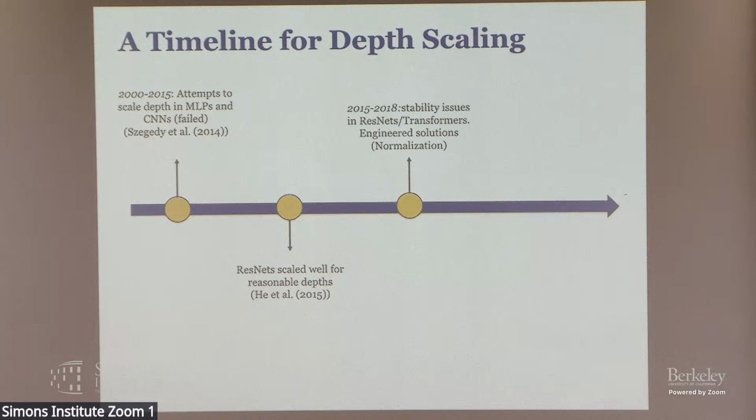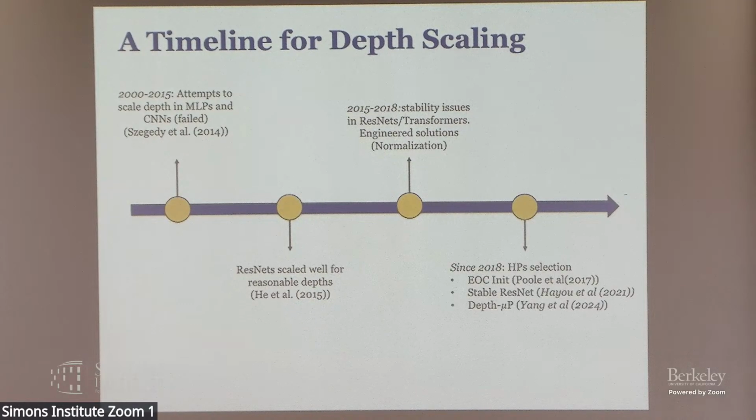But then, between 2015 and 2018, I think people started to notice the stability issues in ResNets, and also transformers. In this period, you can see a lot of papers on normalizations, like batch norm, layer norm, all that kind of stuff. The motivation was really to fix the stability issues as you increase the number of layers.